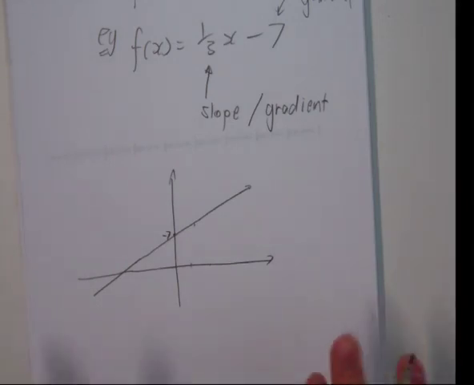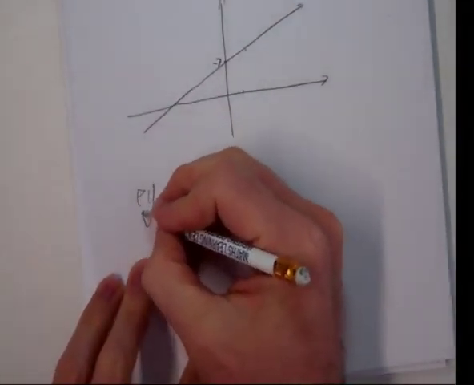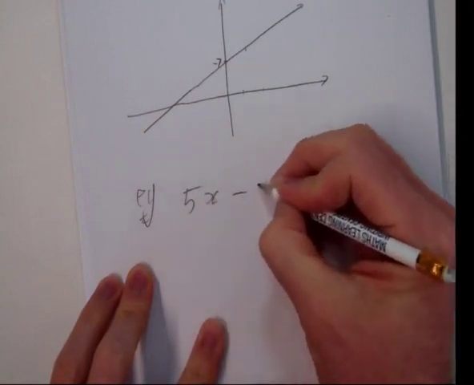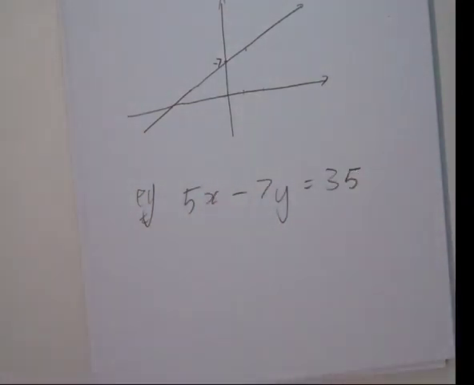I should point out that some linear formulas, equations as opposed to functions, need to be rearranged in order to get a function. So it's possible that you might see something that looks like this. And that is also a linear equation.